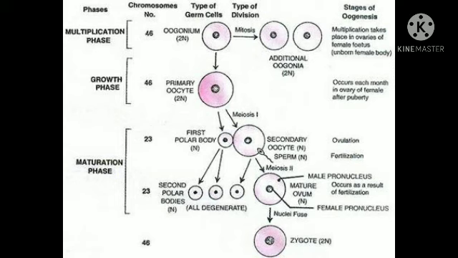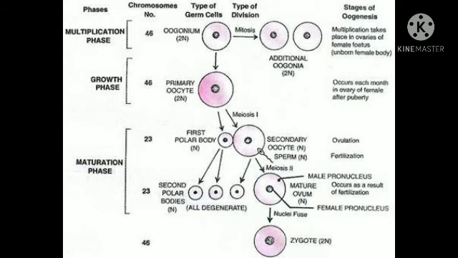The first polar body divides further to produce two more polar bodies, and the secondary oocyte, if it receives the sperm, only then produces one polar body and one mature ovum. In this whole process, we harvest three polar bodies. All three polar bodies degenerate and we are left with only one functional gamete, not four as we observed in spermatogenesis. Hence, oogenesis is a highly wasteful process.